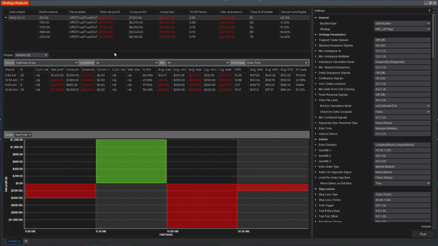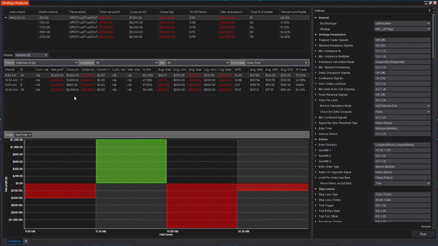Okay, so here are the backtest results, and one of the things that I really wanted to focus on in this test was what's happening for each half hour of the day. So here we can see the only time that was really profitable with these settings was from 9:30 to 10.